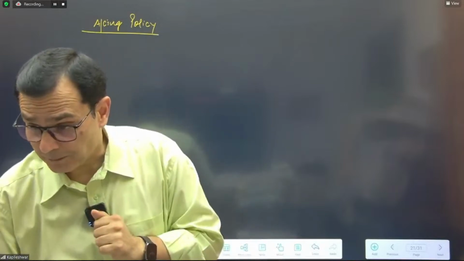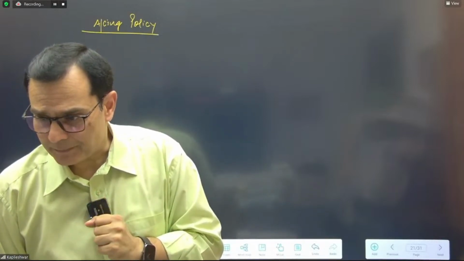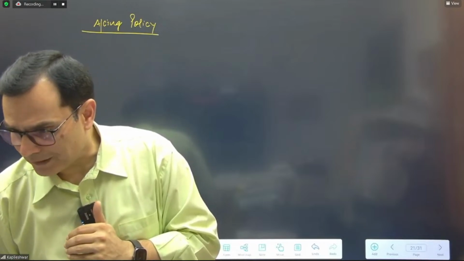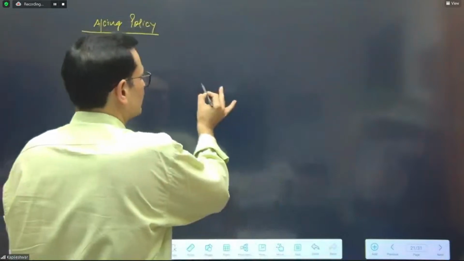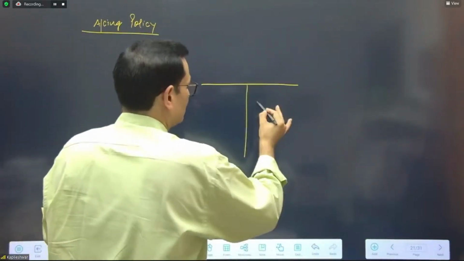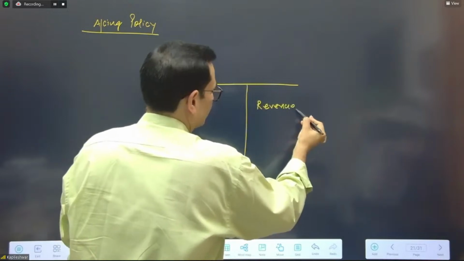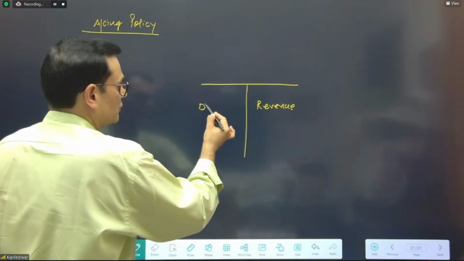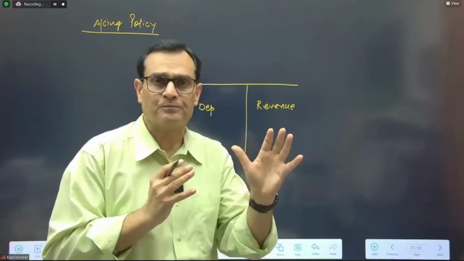Okay, I got a question from Hetal. Why is the method of depreciation an estimate and not an accounting method? I'm still not clear on this. But when you're looking at the concept of depreciation, remember what I said. The company takes a revenue on one side in the P&L, and the company takes a depreciation on the other side.